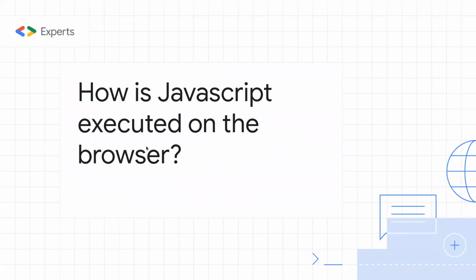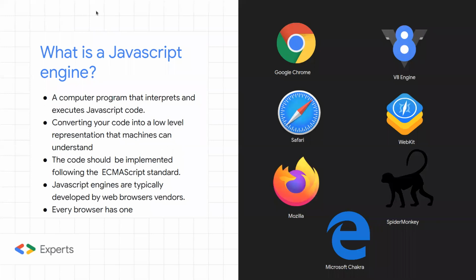So how is JavaScript executed in the browser? This is a really good thing. All the browsers, Google Chrome, Safari, as a part of the architecture, have something called a JavaScript engine. And this engine is basically software that runs in the backend and executes the JavaScript code that you guys wrote.